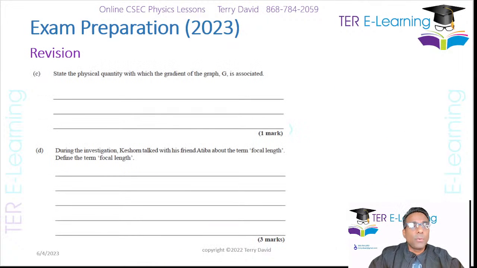Let's see what else they want us to do here. They said state the physical quantity with which the gradient of the graph is associated. What are they talking about here? That gradient we just worked out. What is that? What physical quantity are they talking about here? Let's see if anybody knows this.